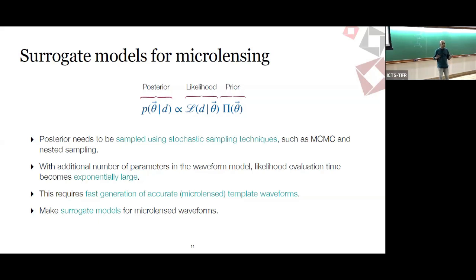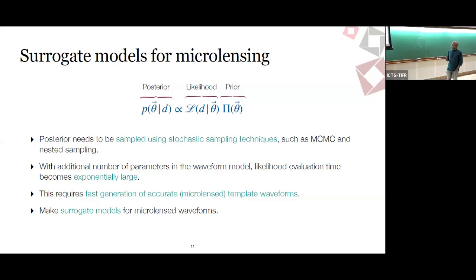This time is large enough to disallow us from doing any full parameter estimation. So we are trying to create accurate as well as faster waveform models for microlensed waveforms, and we expect them to be fast enough to do full parameter estimation.